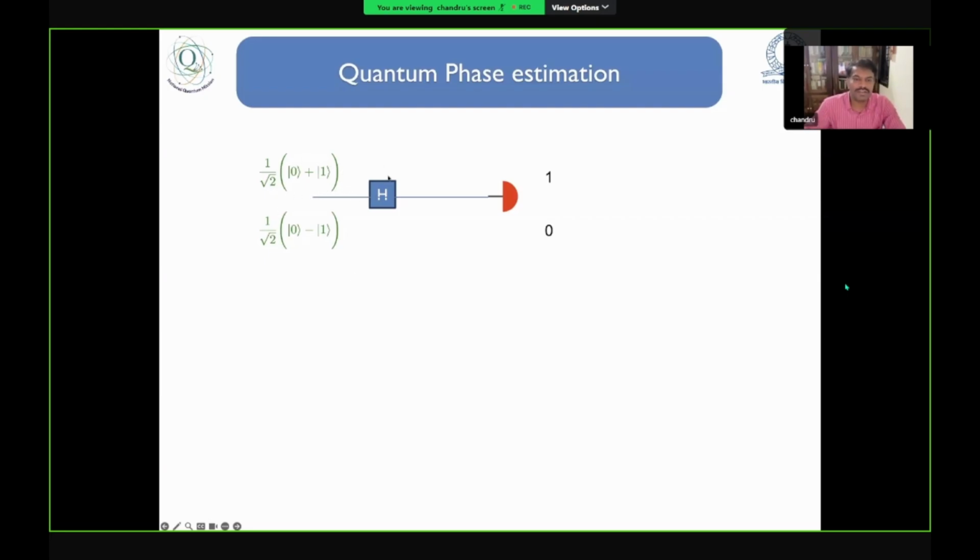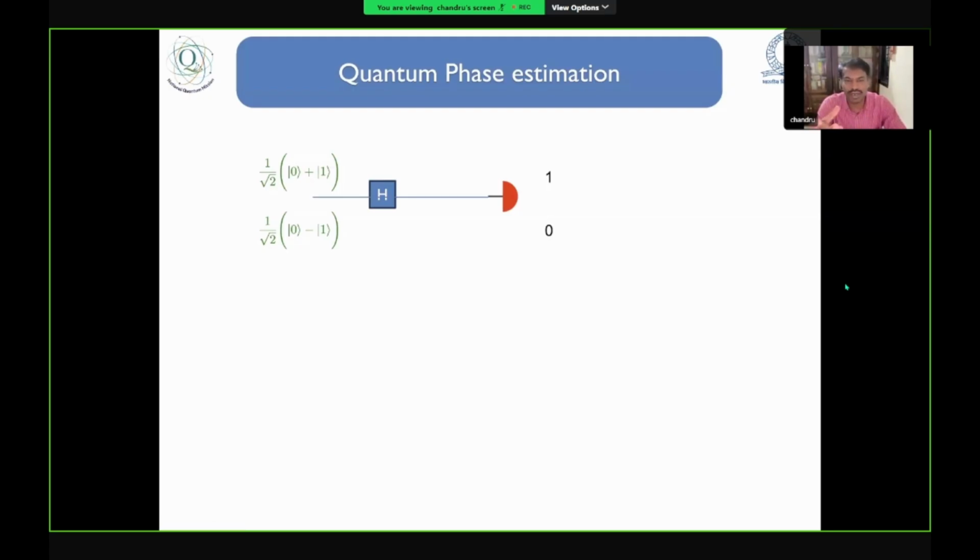Now for this state, if I apply a Hadamard operator and make a measurement, I will either get 1 or 0 depending on what my input state is. Just by making a measurement on the photon and identifying whether it is 1 or 0, I can say what the phase was, whether there's a plus or minus in that superposition state. So this is the simplest version of phase estimation.